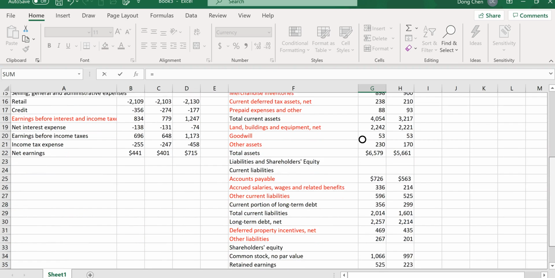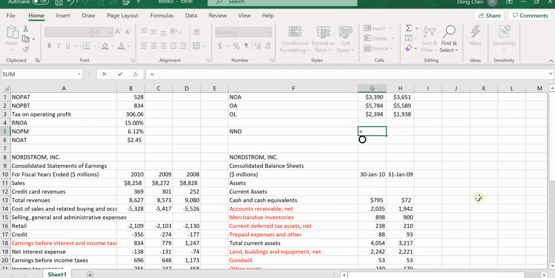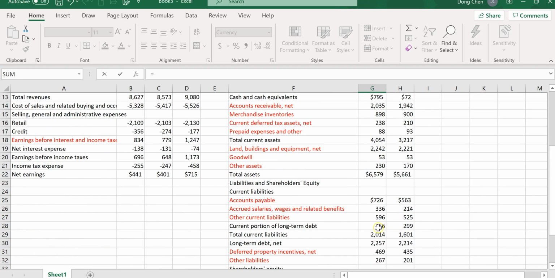So non-operating liabilities is just the current portion of the long-term debt plus the long-term debt here. So we just take their sum, current portion of the long-term debt plus the long-term debt, and that's the non-operating liabilities.